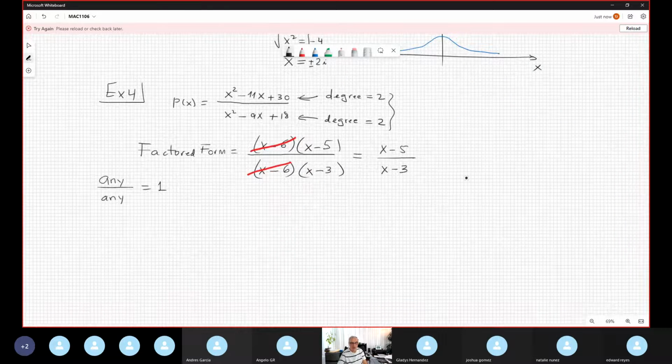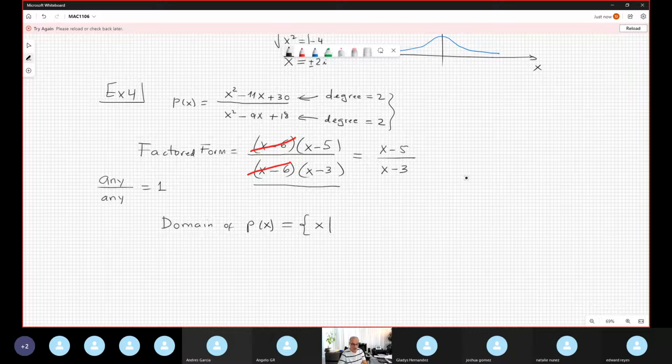Interpretation. Okay. Actually, what is the domain of the function p? The domain of the function p is all real numbers such that, and the bad guy in this game is, you take the polynomial in the bottom, but not including the one that we simplified.